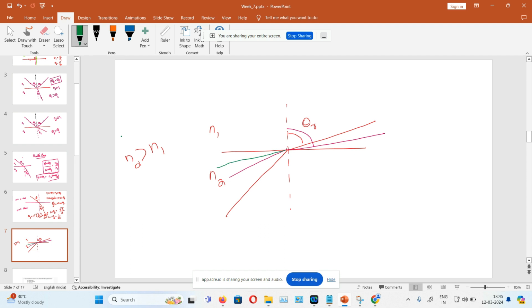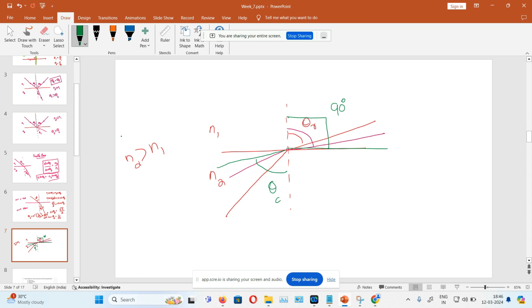It will go in such a way that there will not be any refraction, because it will just graze the interface. So the angle of incidence at which the angle of refraction is 90 degrees is called the critical angle, or theta c.